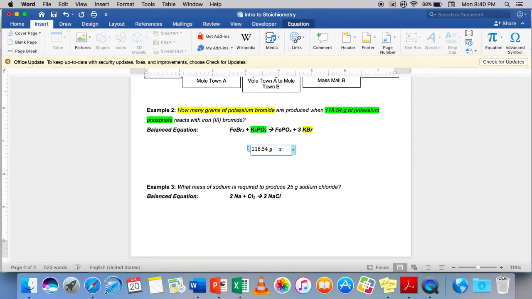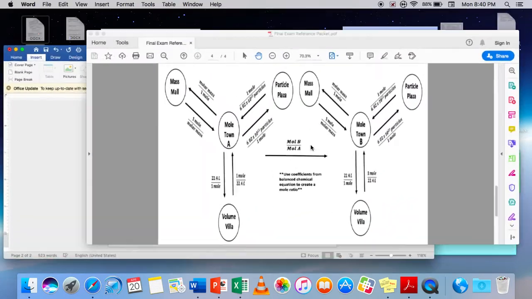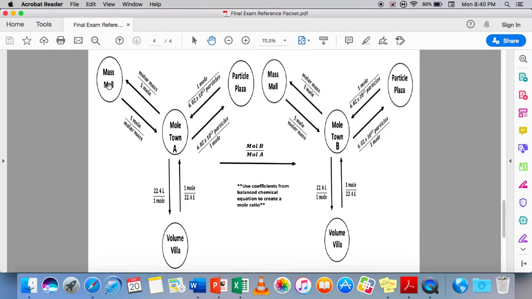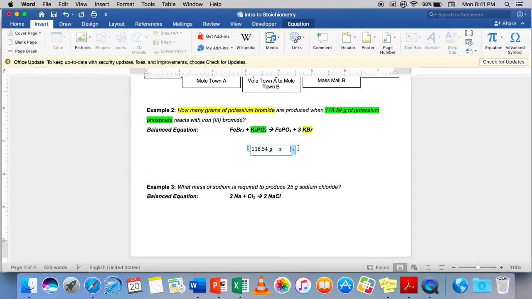I'm in mass small. I have to get to my other mass small. The first step is to go from mass small to mole town, and it says 1 mole on top, molar mass on the bottom.